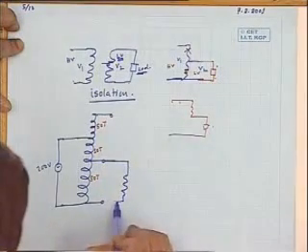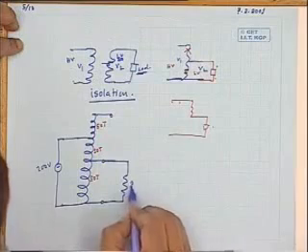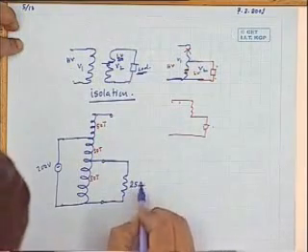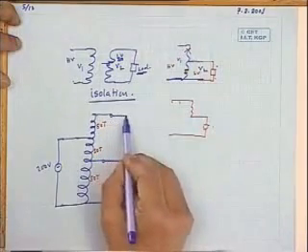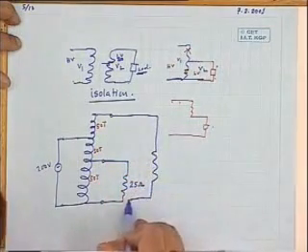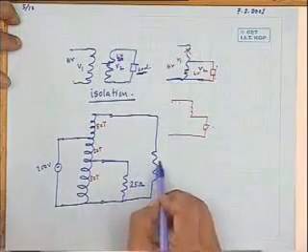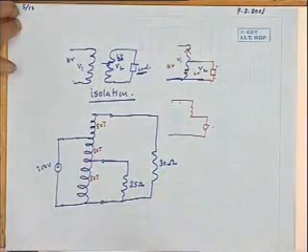Now, suppose I have connected a load here, say a resistive load. Let us call it 25 ohm. And I have connected a load there, say 30 ohm.